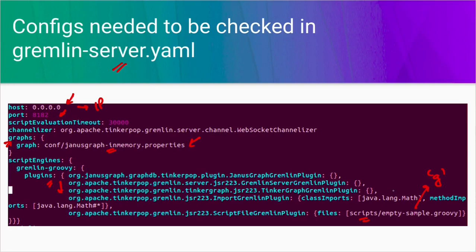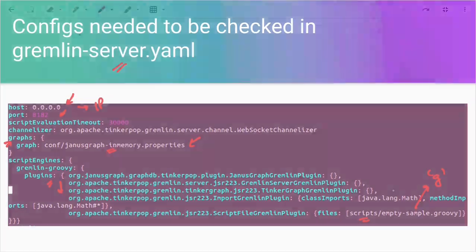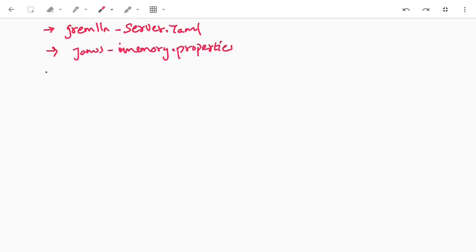Let's see specifically what the roles of all these three configuration property files are. As of now, we saw three property files. The first one was gremlin-server.yml. The second one was JanusGraph in-memory.properties. And the third one was empty-sample.groovy.